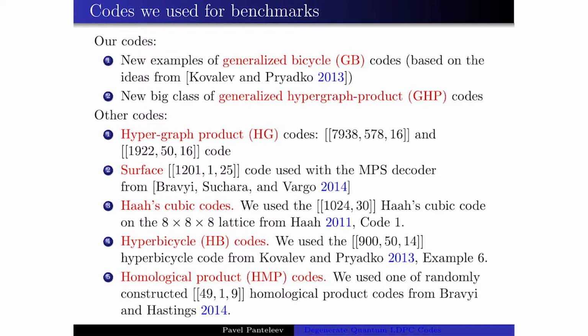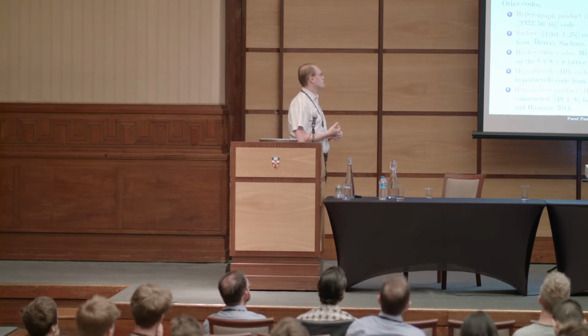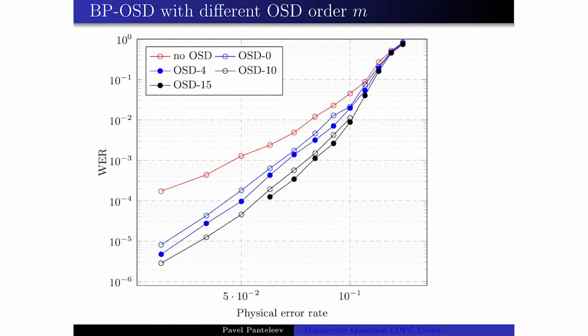We compared against several known classes of QLDPC codes, such as the hypergraph product code and the surface code, where we use the surface codes used in the Bravyi, Suchara, and Vargo paper, in which they used an MPS decoder, and we compare our performance against the MPS decoder. We also used hyperbicycle codes introduced by Kovalev and Pryadko, and homological product codes introduced by Bravyi and Hastings.